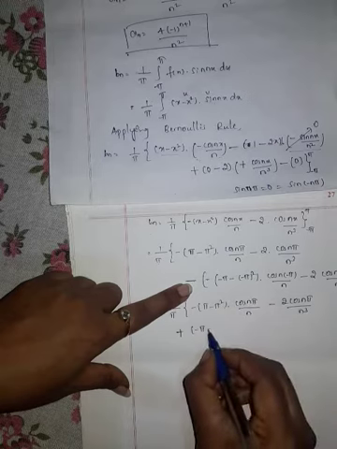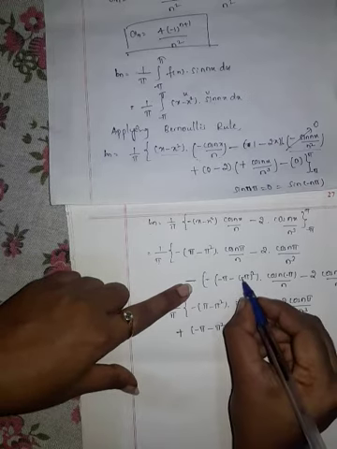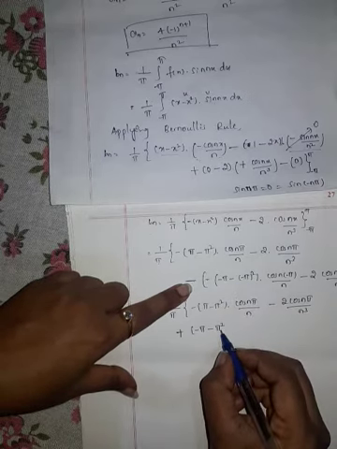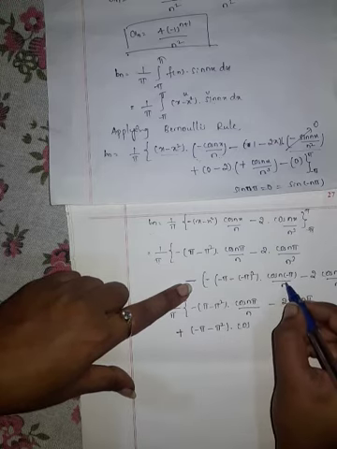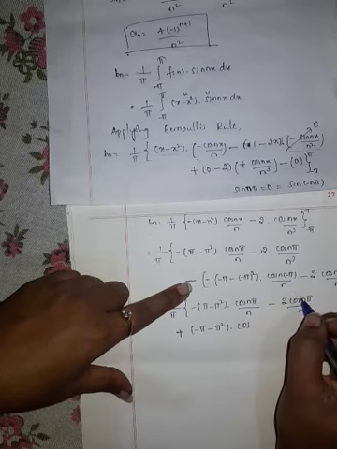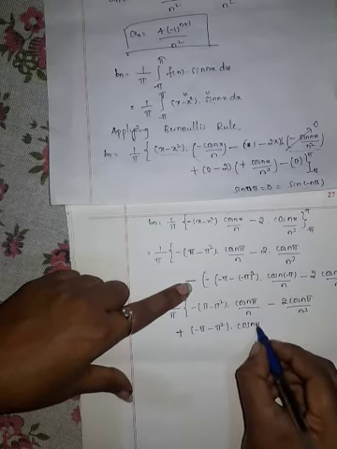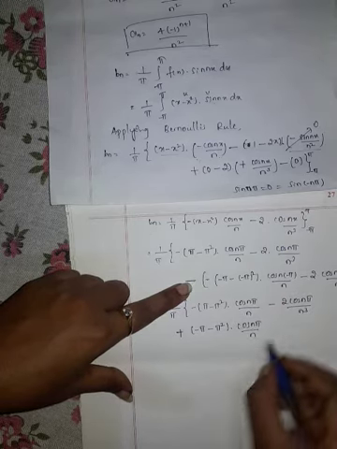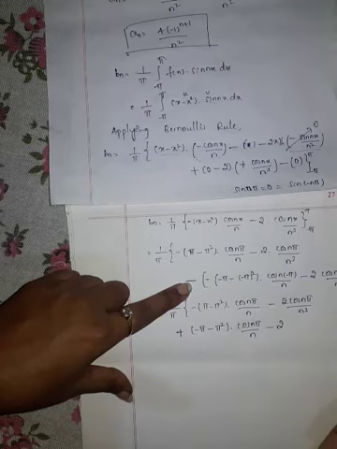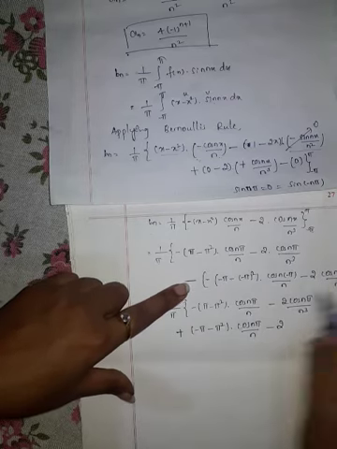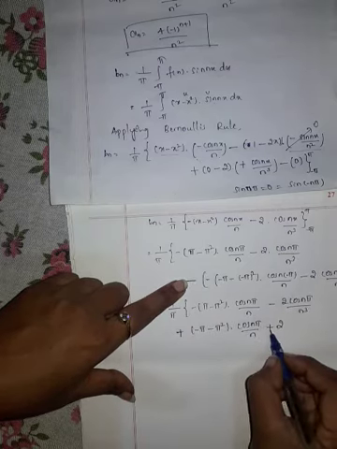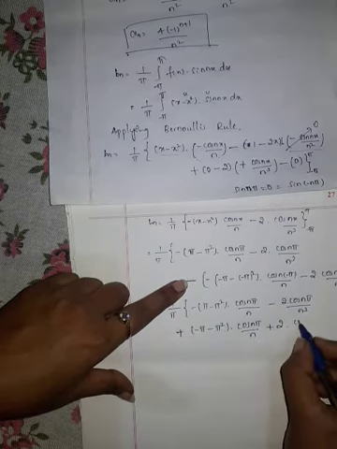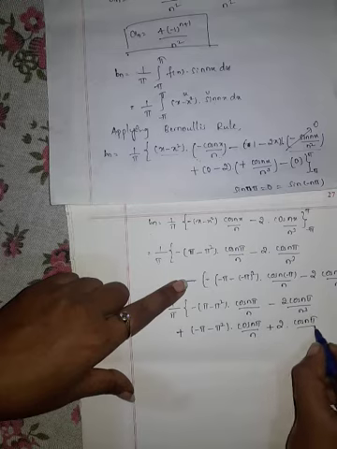This is minus pi square because minus pi whole square is plus pi square only, and cos of minus x is plus cos x. So this is cos n pi divided by n, and this is also minus 2 as it is cos, we have to take this minus sign inside. So this is plus 2 and this is cos n pi divided by n cube.